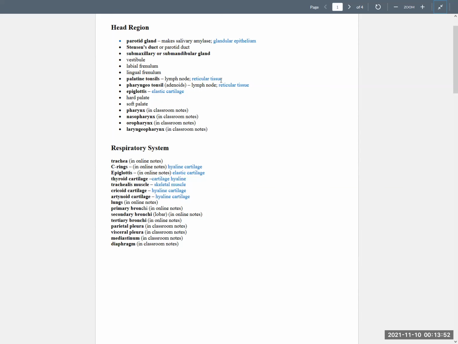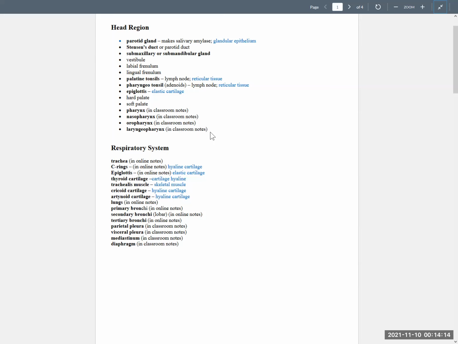Reticular network, sponge-like. Okay, there's another one, the pharyngeal tonsil, made up of reticular tissue. The epiglottis, elastic cartilage. I don't have inserts here for the remaining ones on the sheet.